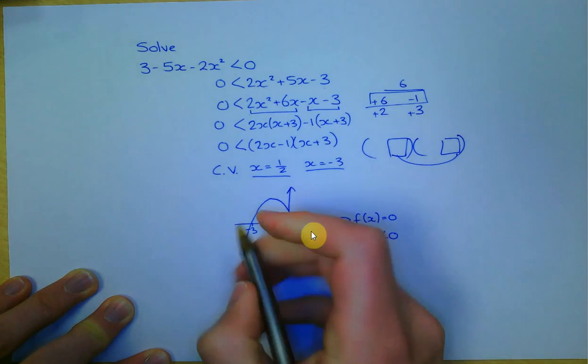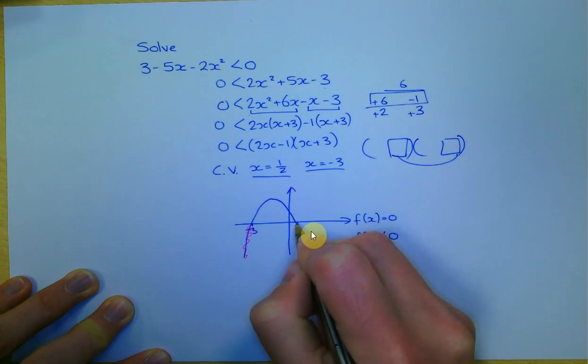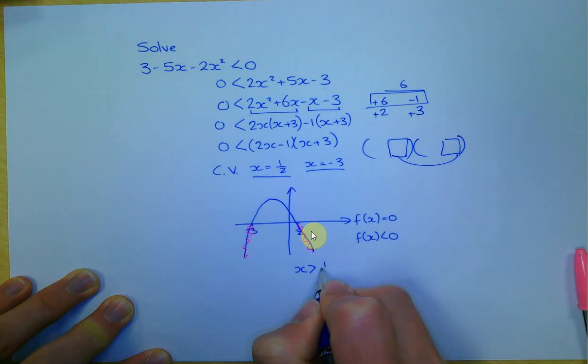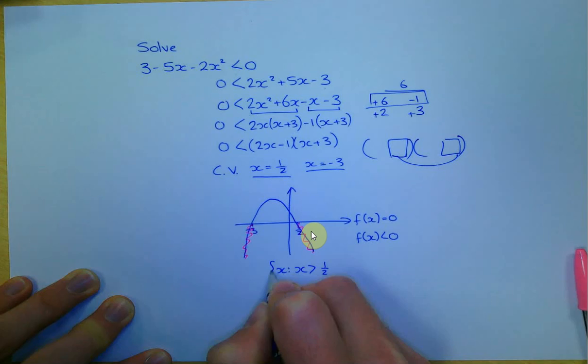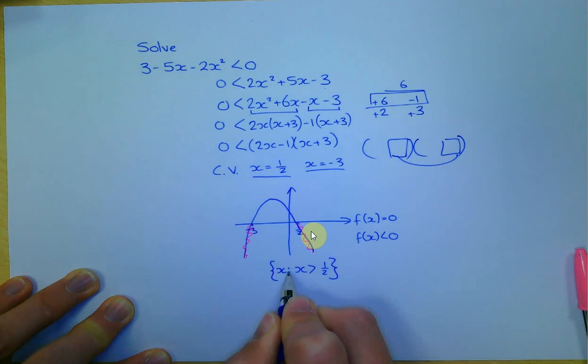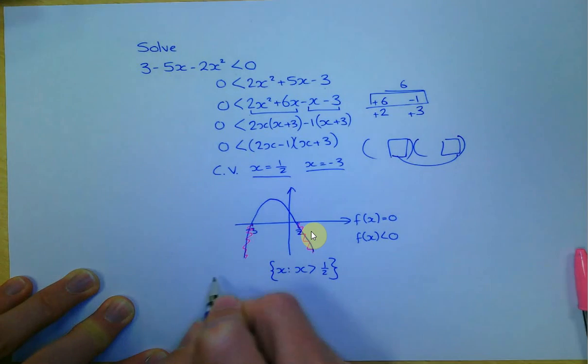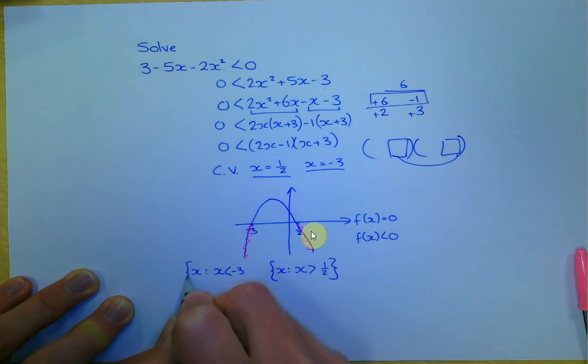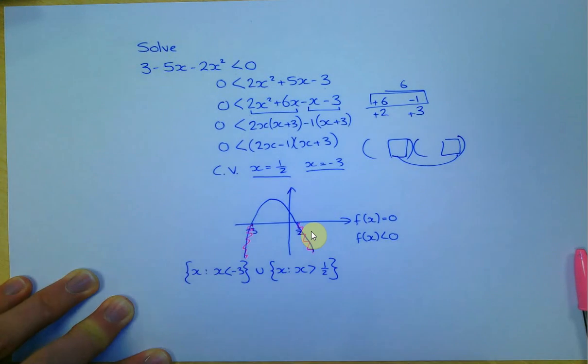So we are looking for that part there and that part there. So when x is greater than a half, so we can put our set notation on there. X is such that x value is always greater than a half. And we've got x is less than -3, set notation, and we unionize those because it can be here or here.